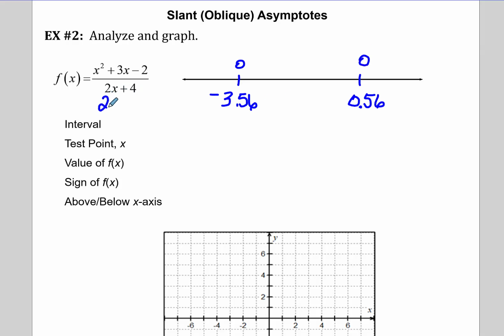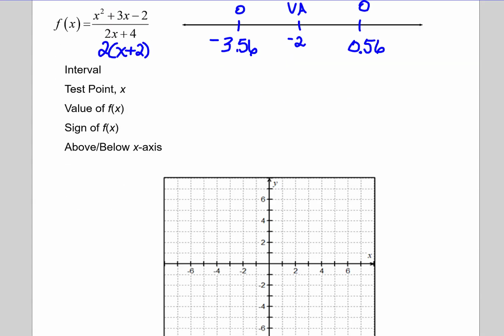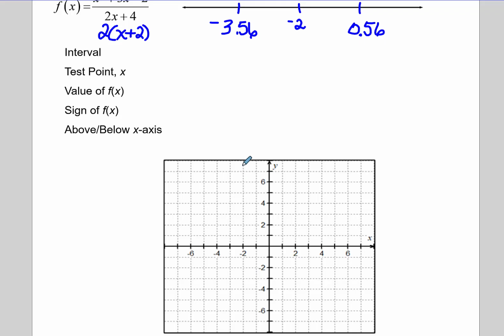And you see here from the denominator, we have a vertical asymptote at negative 2. So let's go sketch that in. Vertical asymptote at negative 2. We know one of the solutions is negative 3.5 roughly. We know the other one is roughly 1/2.